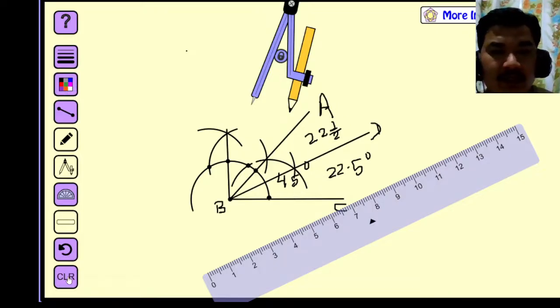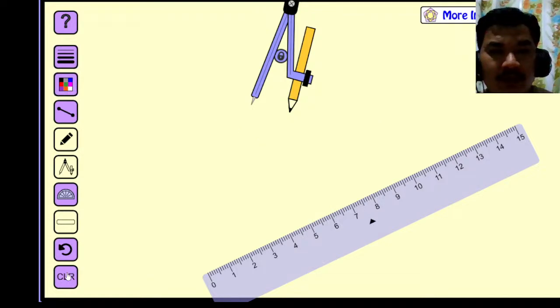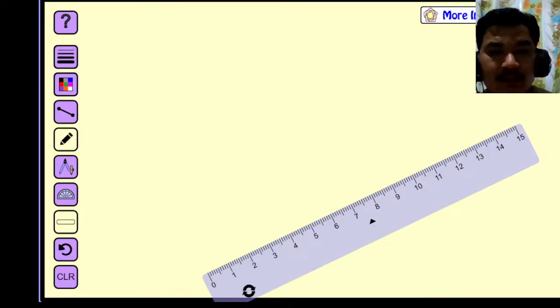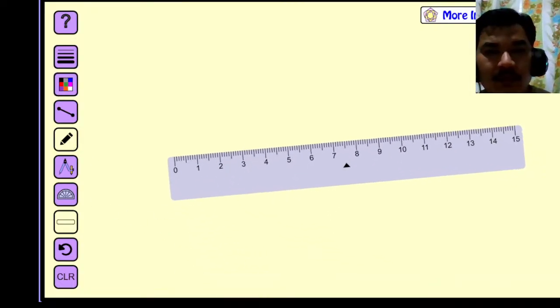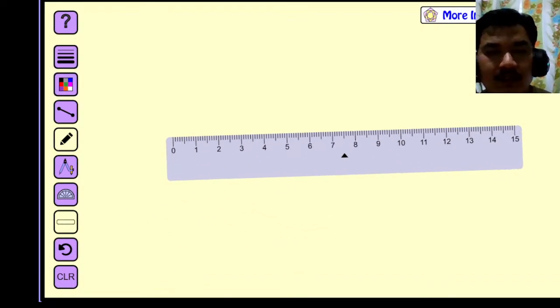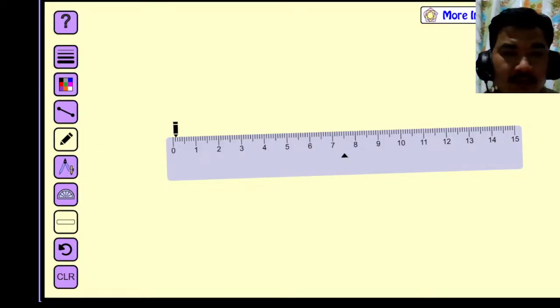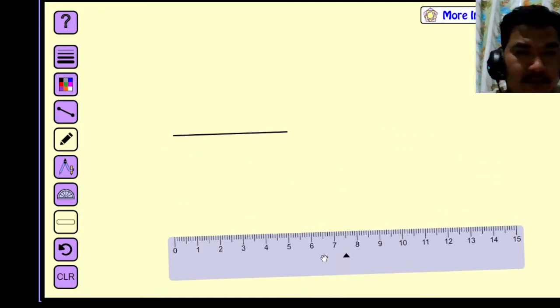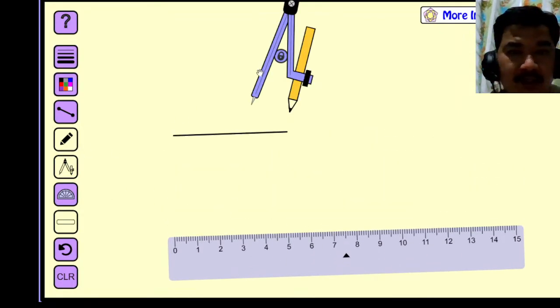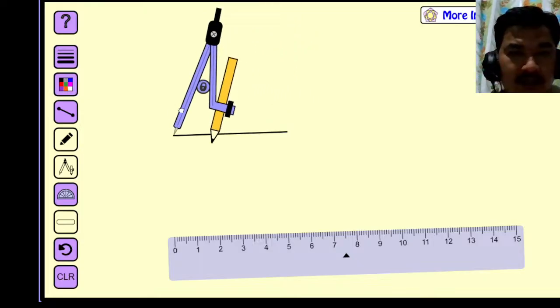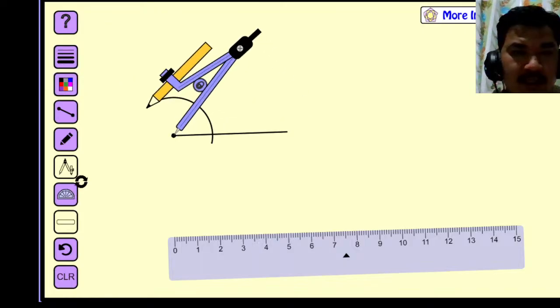Now look here children, I am going to clear this and show you next, okay? Construction: first of all draw this horizontal line, okay? Look here, I am drawing here 5 centimeters long. Then I am keeping this compass here at this left side one, and cutting here the main arc like this.